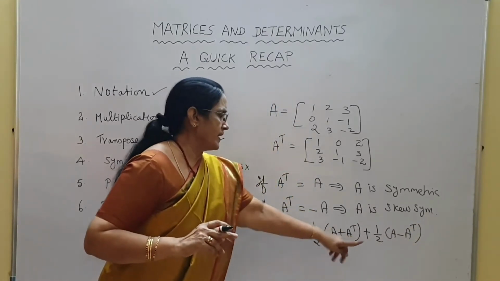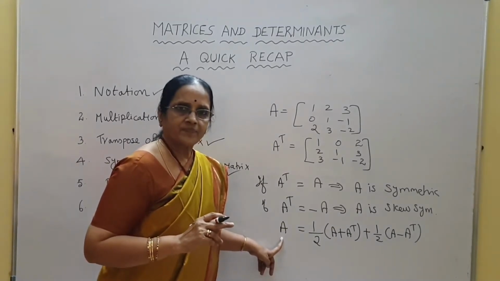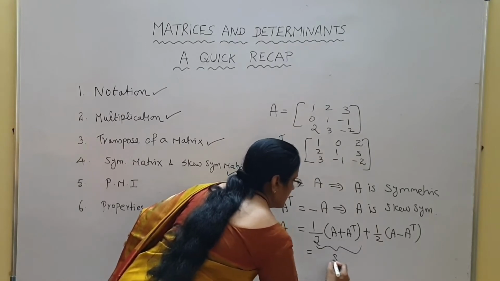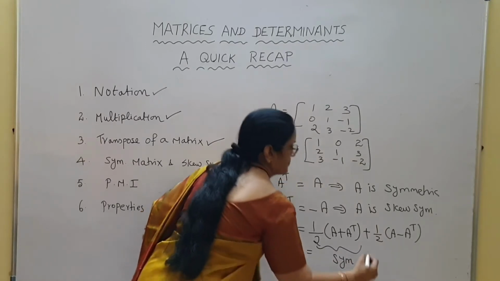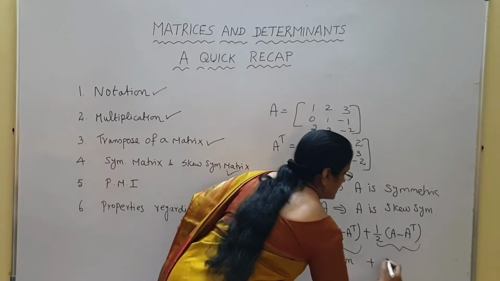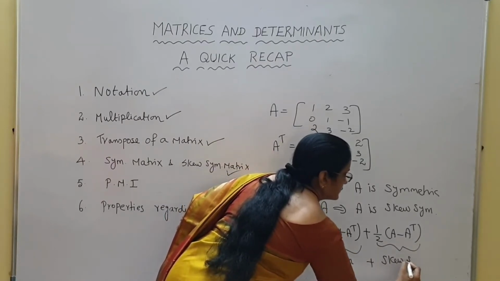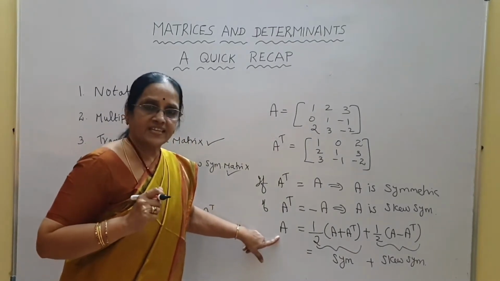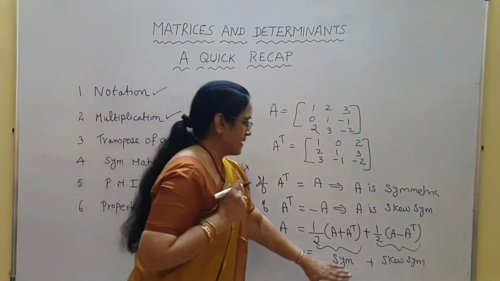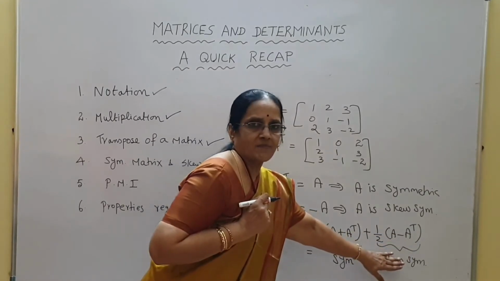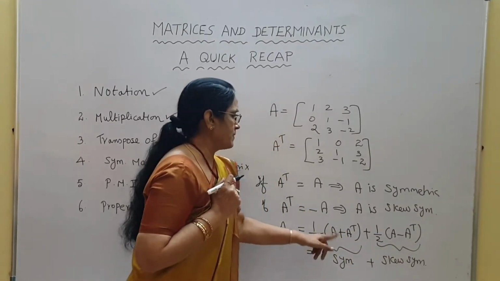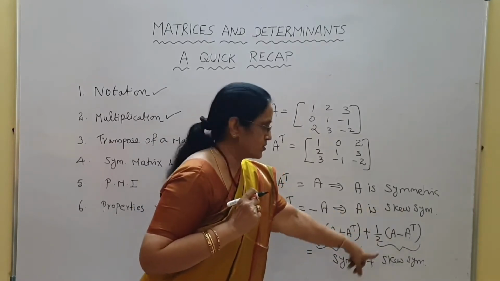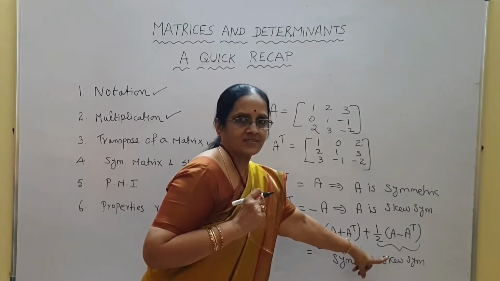See, when you simplify, you will get the matrix A. Here, this part is symmetric plus this part is skew symmetric. So, any square matrix A can be written as the sum of symmetric and skew symmetric matrices, where half of A plus A transpose is a symmetric matrix and half of A minus A transpose is a skew symmetric matrix.